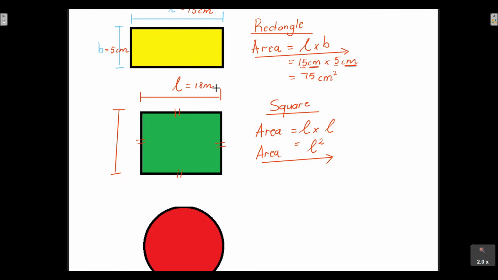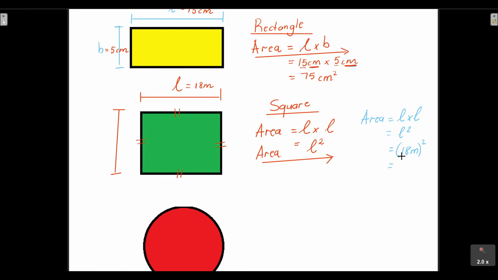How would we calculate the area taken up by this particular square? To substitute into our formula, we know that the area of a square is equal to length times length, or length squared. So we're going to substitute that 18 meters squared into our formula.